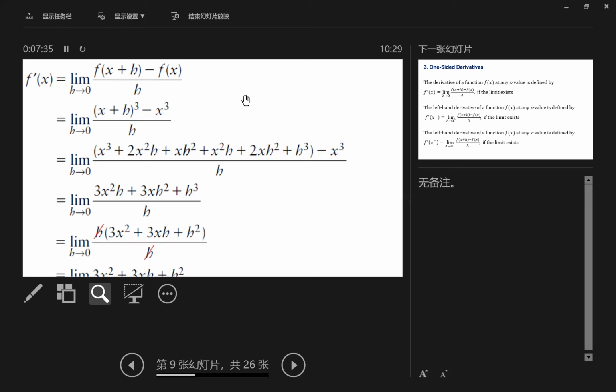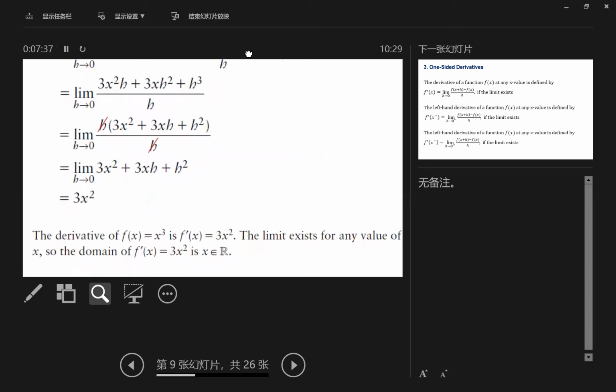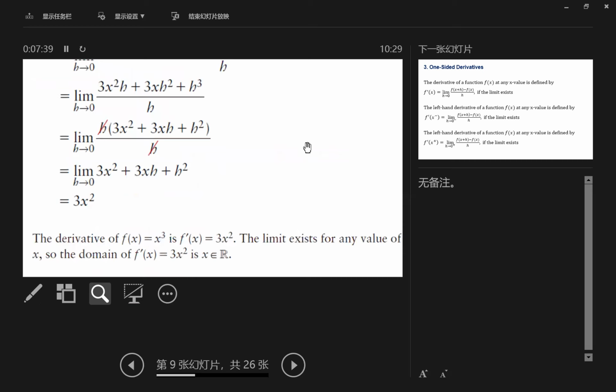That will give you, let's continue, the limit of the function 3x squared + 3xh + h squared, right? When h approaches 0, the latter two parts are both zeros, right? Therefore, the limit of this function becomes 3x squared. Can you see that?